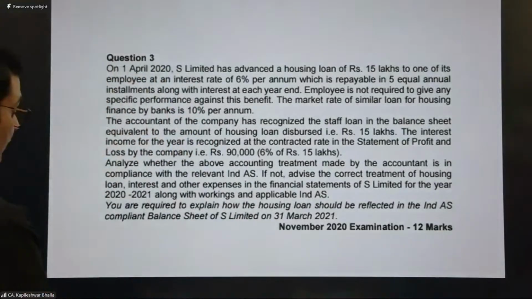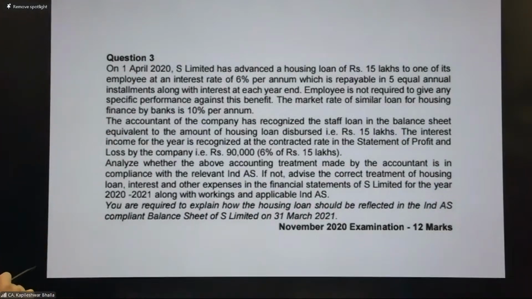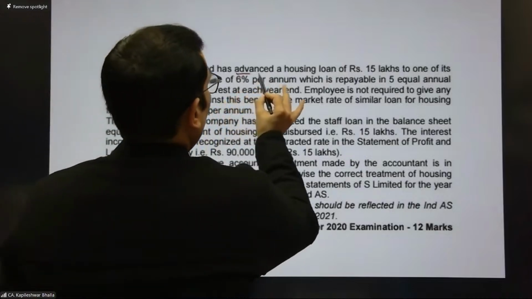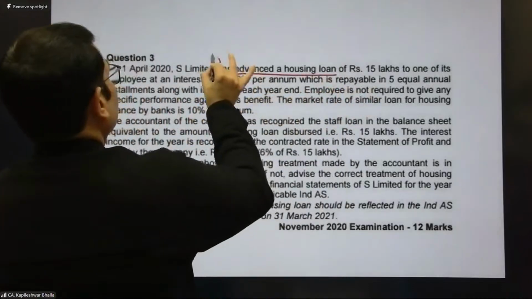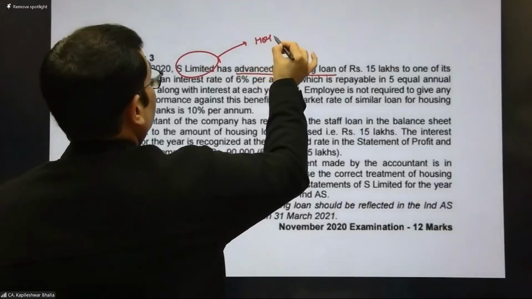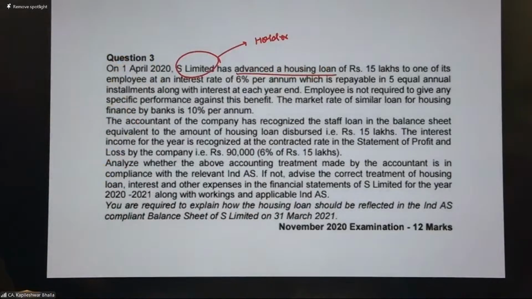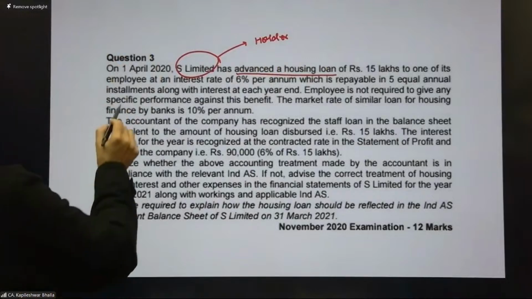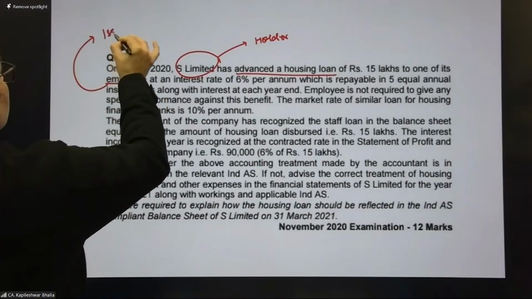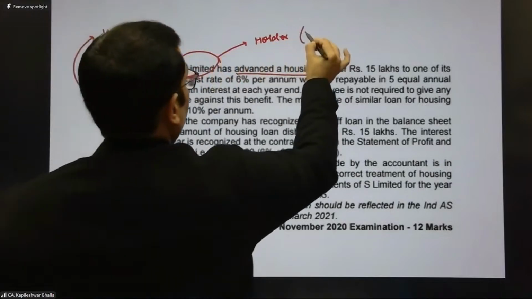Let me just read the facts of the case. We are given that on 1st April 2020, S advanced a housing loan. When S advanced a housing loan, for him it is supposed to be an asset. He is supposed to be the holder. It says for 15 lakhs to one of its employees. The employee is supposed to be the issuer, for whom it is going to be a financial liability.